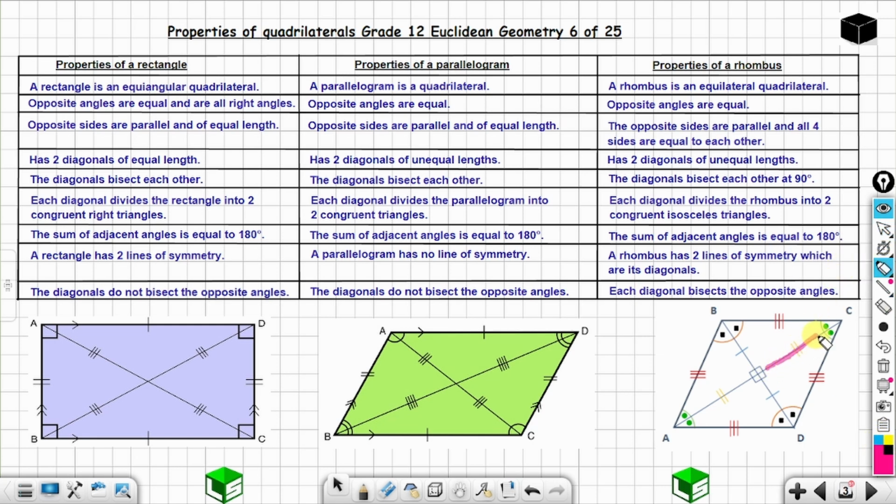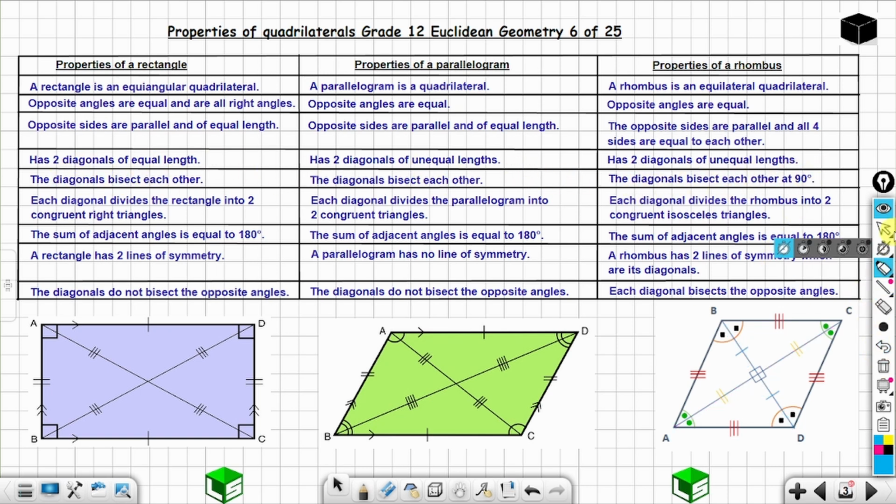So this is the same as this, and this is the same as this. They bisect each other. Remember, the diagonals are of unequal lengths. They bisect at 90 degrees. So the angle there is 90 degrees. You can see the similarities and the differences.